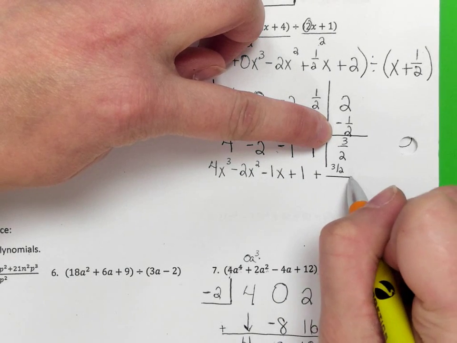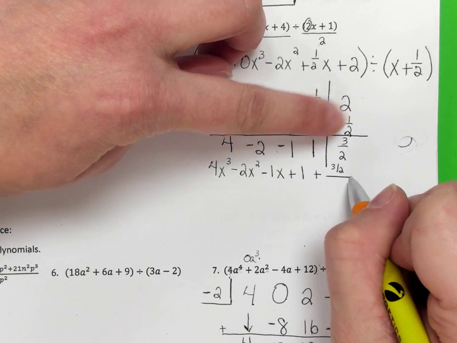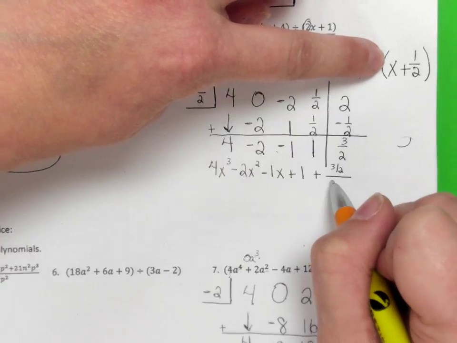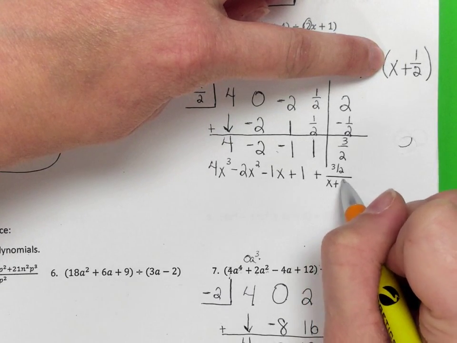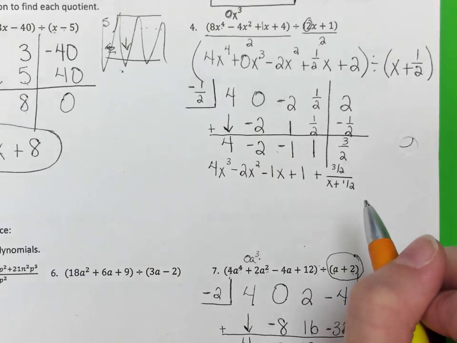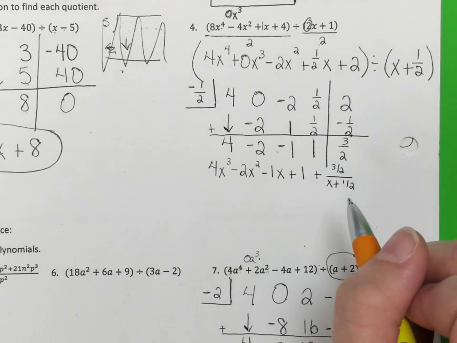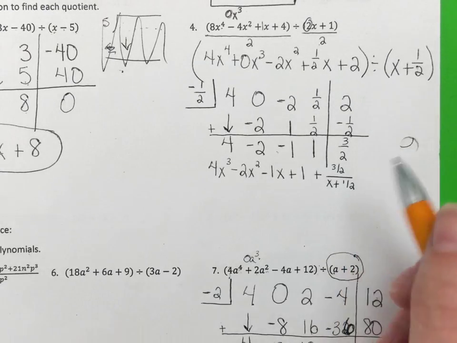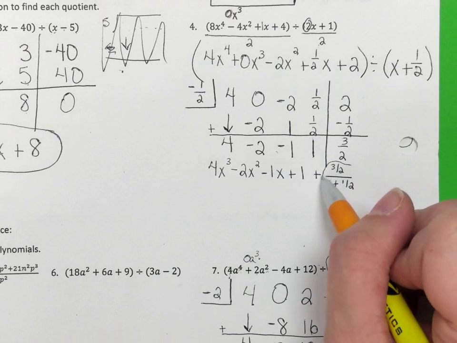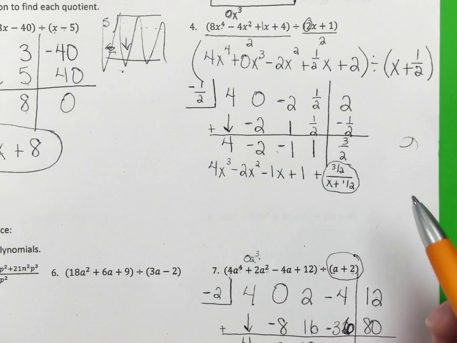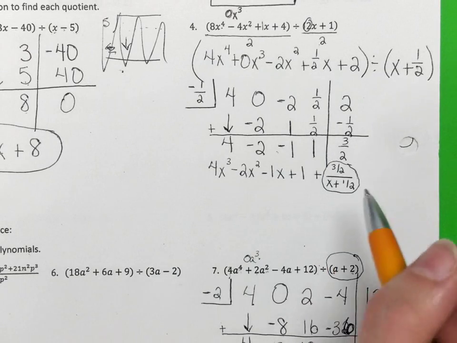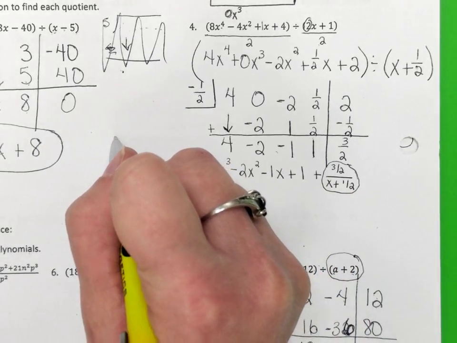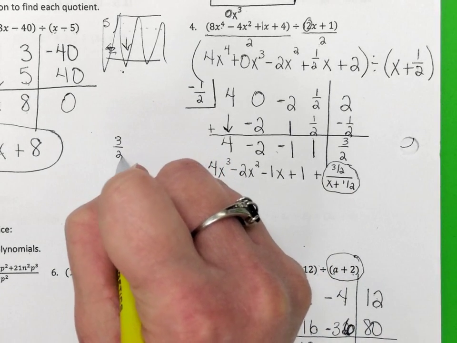3 over 2 over. And what was it over? x plus 1/2, right? Okay. Ooh, we got some funkiness. We got to fix it. All right. So we're going to take this little piece right here to the side, and we're going to fix him. You ready? So what I'm going to do first is I'm going to take 3 over 2.